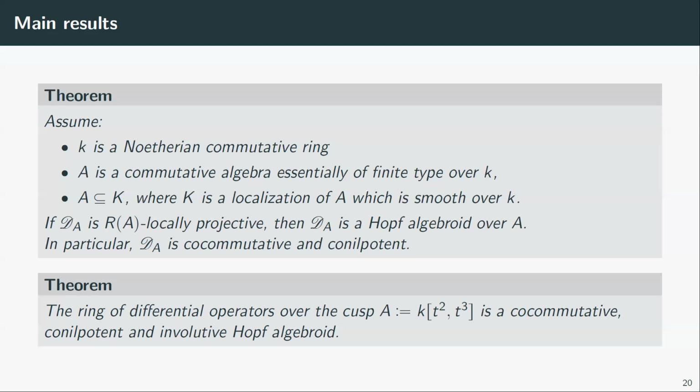In Schauenburg and Moerdijk's work, they establish an equivalence between the category of Lie-Rinehart algebras over A and that of Hopf algebroids whose source and target are equal.